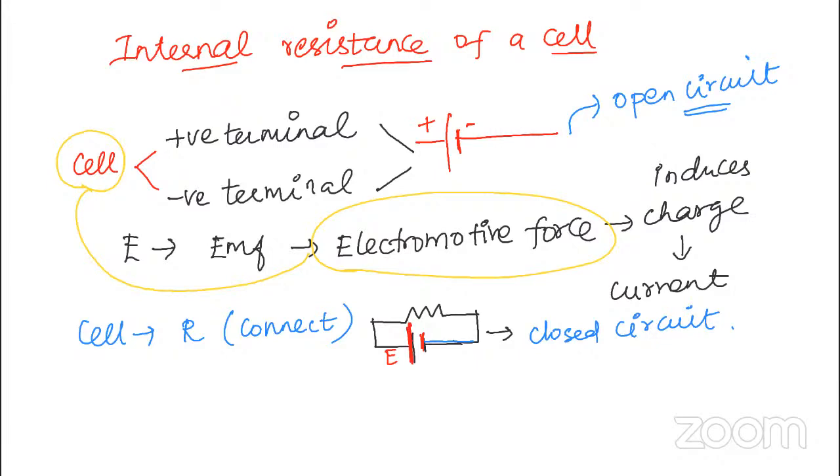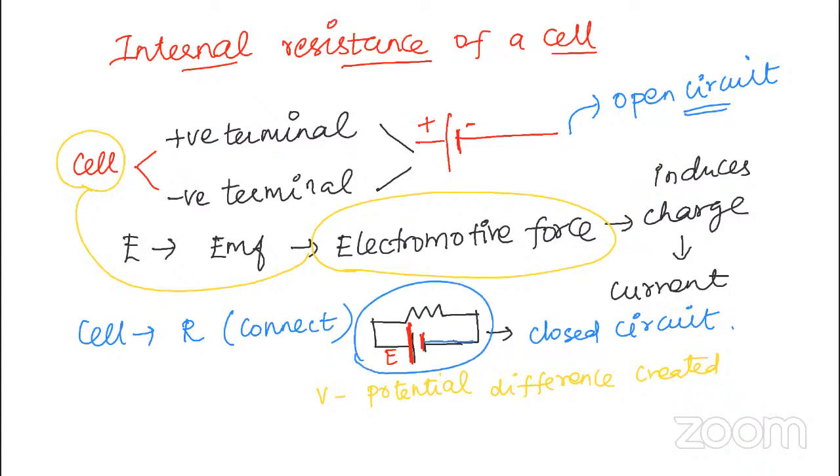Then the potential difference will be created. Here V represents the potential difference. So this is the simple example of our closed circuit.